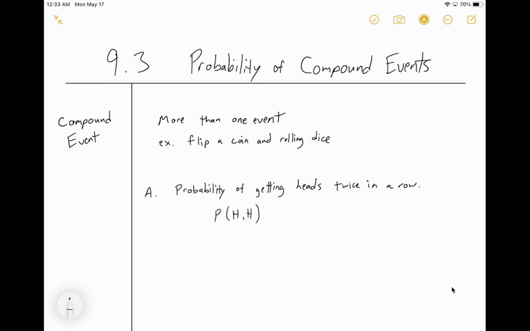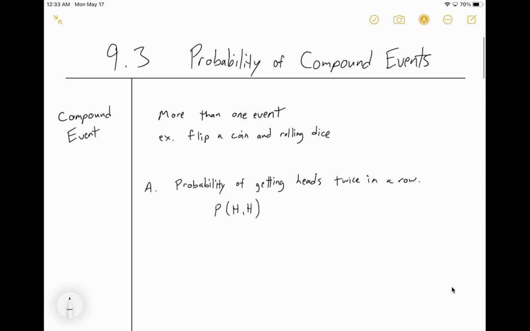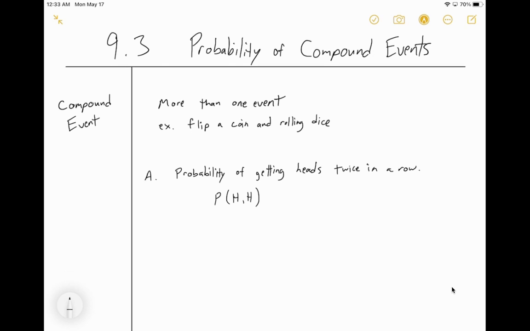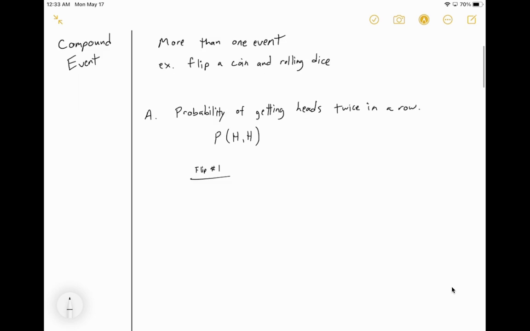So what I want to look at, we'll take this nice and slow, is what are the different options that we have? What are the different things that could happen? So we're going to flip a coin twice. We're going to flip it, see what we get. We're going to flip it again, see what we get. Okay, so on your first flip, you have 2 things that really could happen, right? You can get a heads, or you could get a tails.